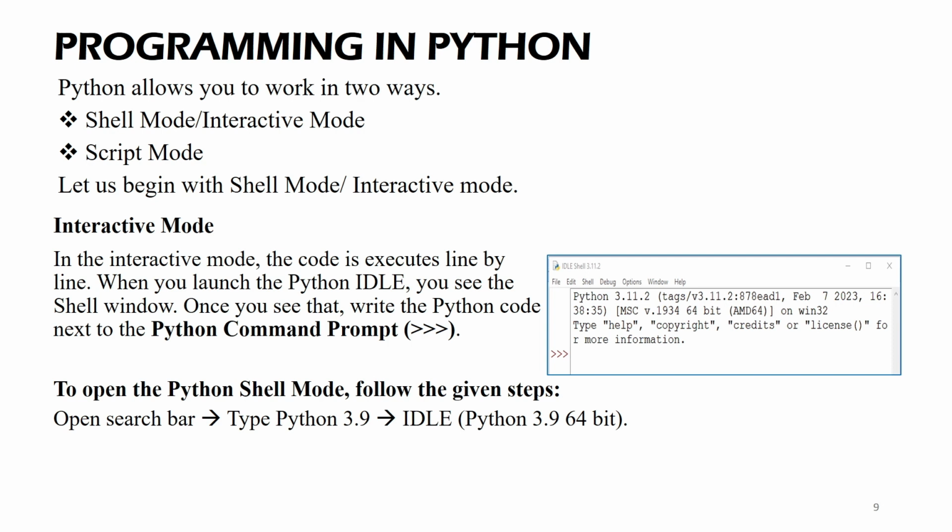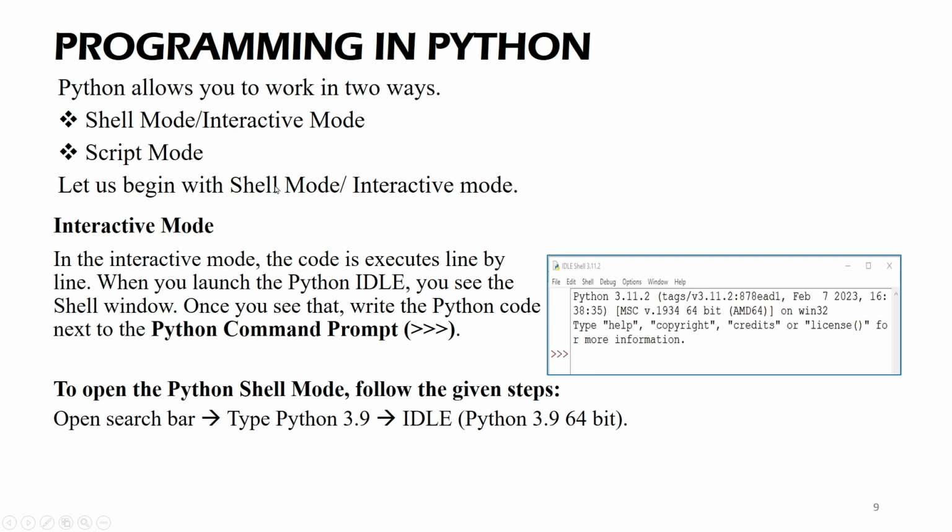Sometimes we call the interactive mode a calculator also, because generally we use it for doing calculations. So it is called shell mode, interactive mode, or sometimes a calculator. Then there is script mode, which is called your programming mode, edit mode, or program mode.